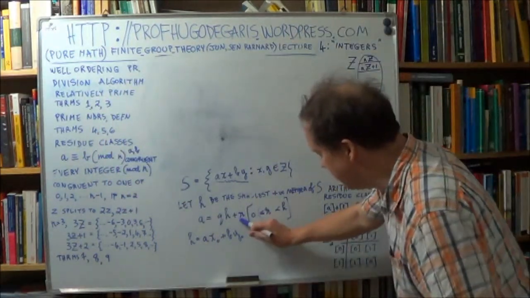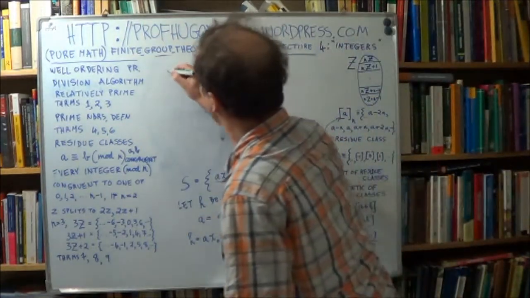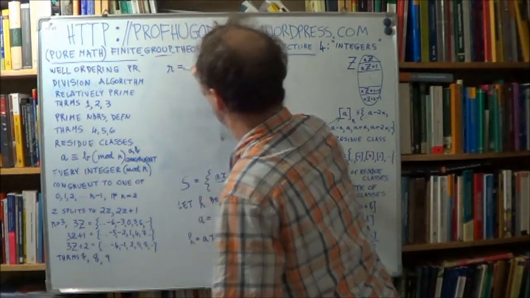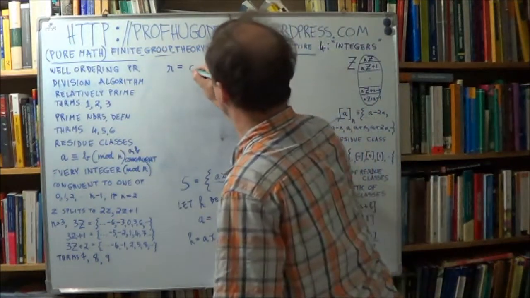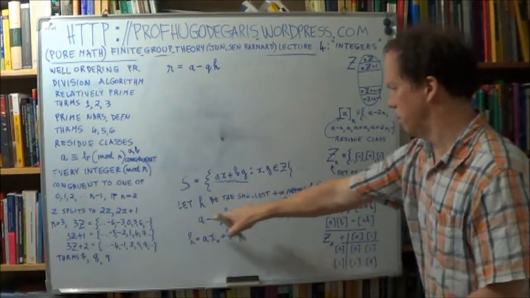Okay, so rewrite R. Just take QH to the other side, so you'll get R equals A minus QH.